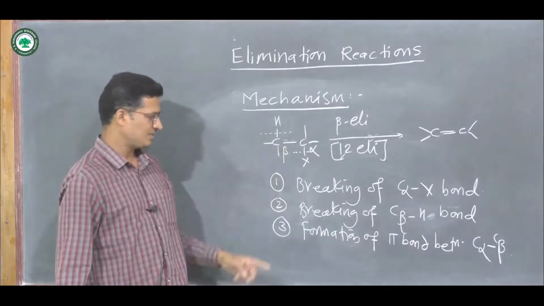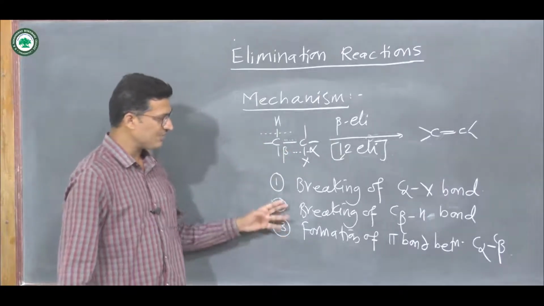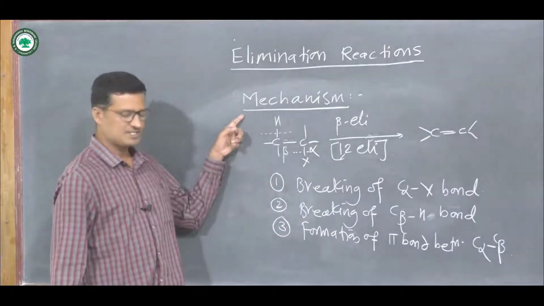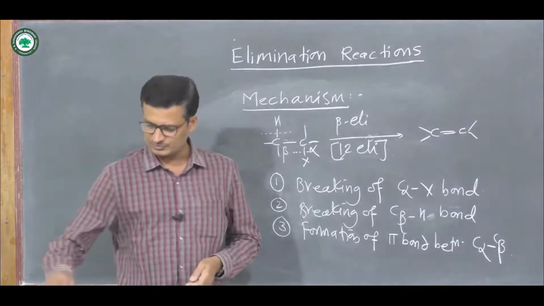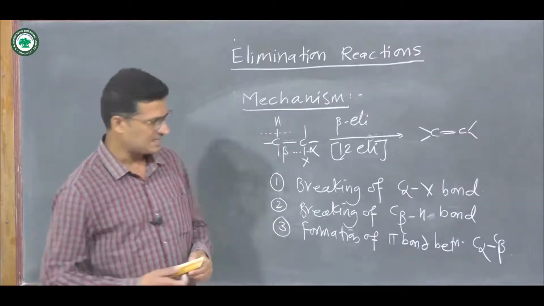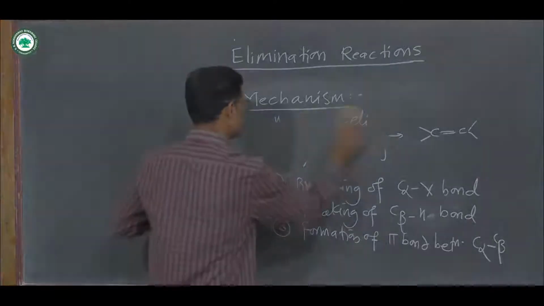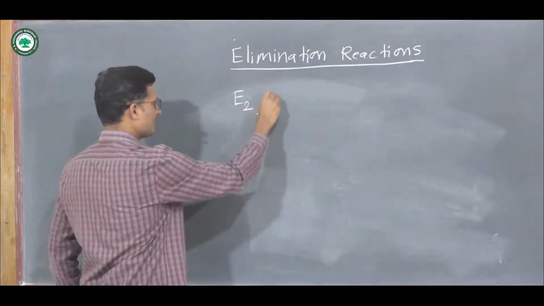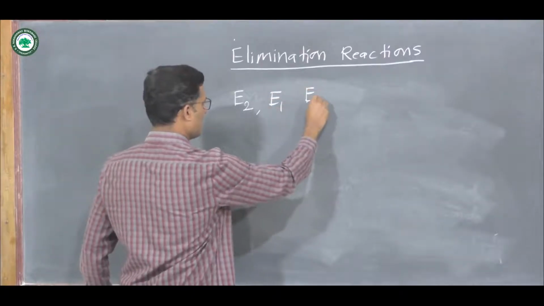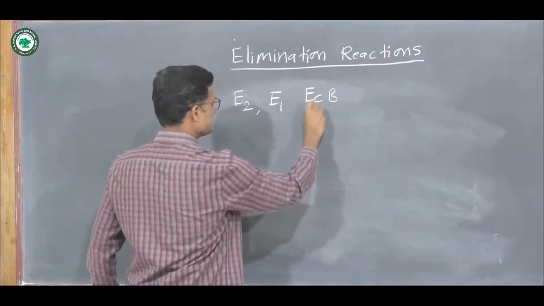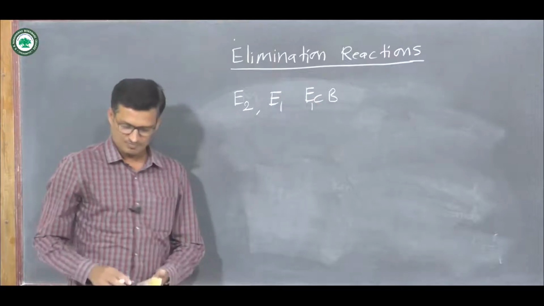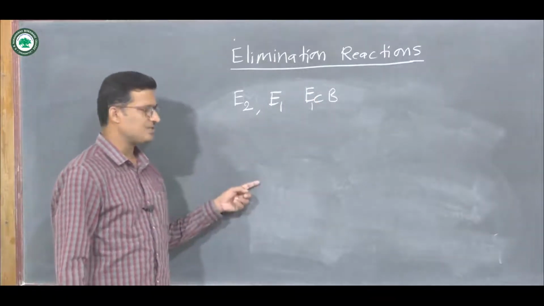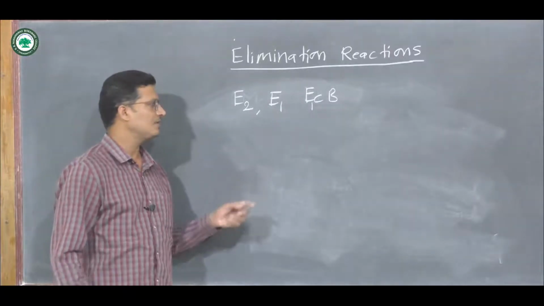Depending on the sequence of bond breaking and bond formation, elimination reactions are categorized into three types: E2 elimination, E1 elimination and E1CB elimination.